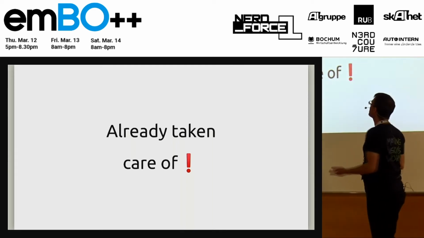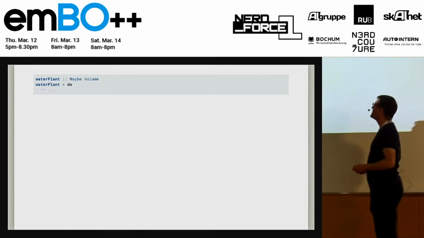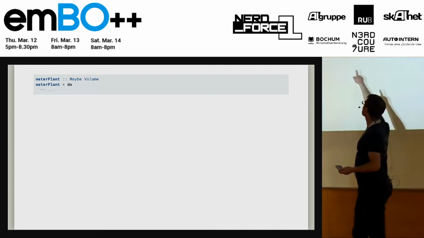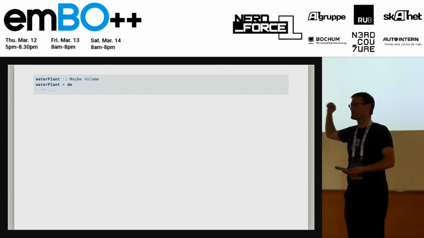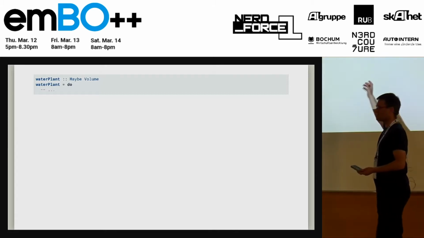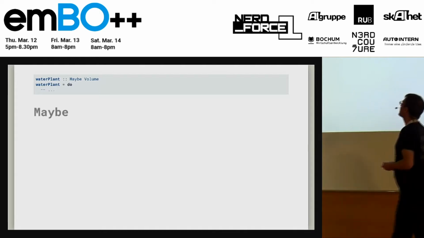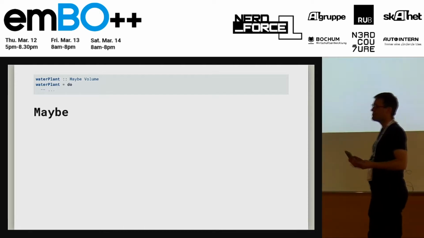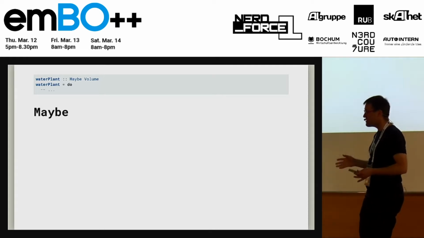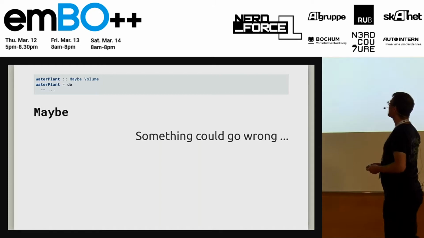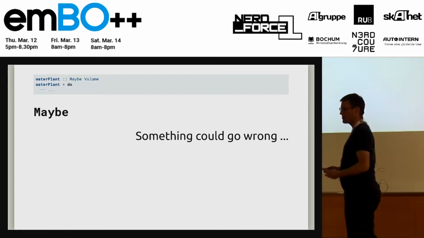But if you're a Haskell programmer, you see immediately that there is some error handling. If I just look at the upper part, the name of the function and this colon, this is the definition or declaration of the function. It's just the signature. And it states it will return a Maybe Volume. So it says, I maybe return a volume, but maybe I don't return something. This already tells us there could be something that could go wrong.